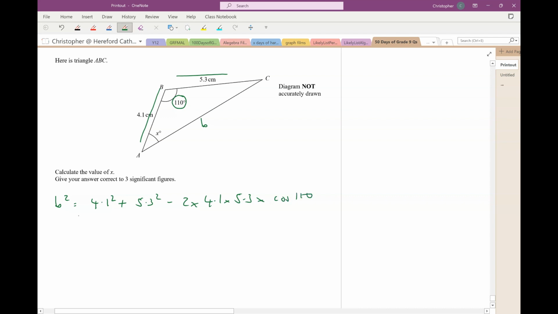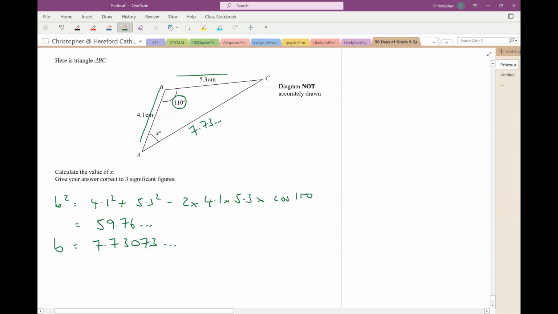That gives me B squared is 59.76 and so on, and square root that, and I get B is 7.73073 and so on.